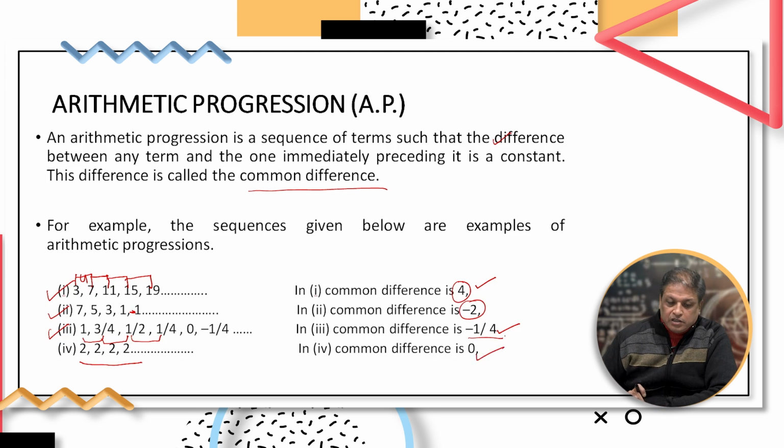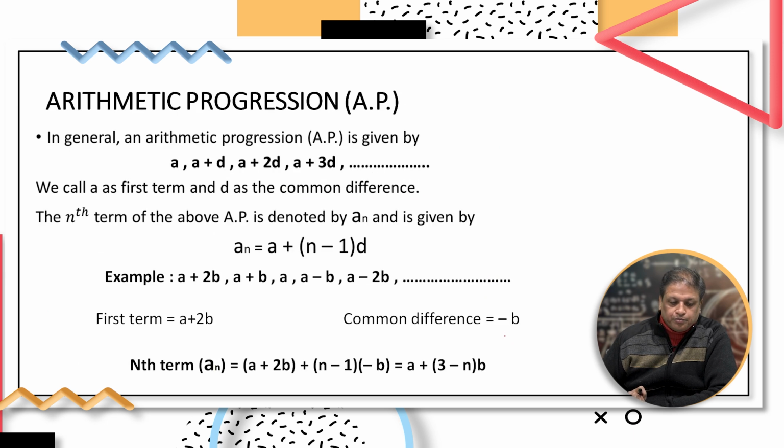Such a progression wherein some term is added to get the subsequent term is called an arithmetic progression. In general, the arithmetic progression is represented by the expression a, a plus d, a plus 2d, a plus 3d, and so on.